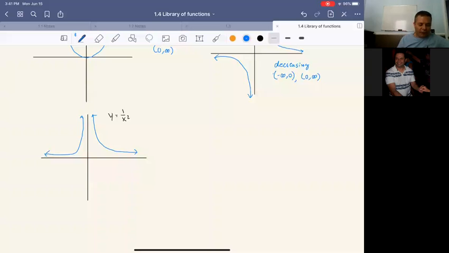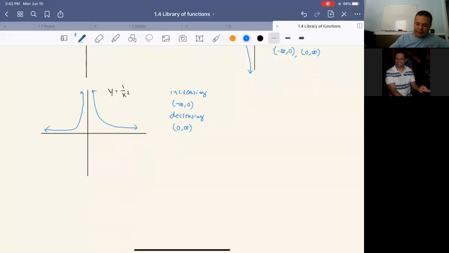So now, this is increasing on the left-hand side. Okay, as you move from left to right, it's going to go up. Here, on the right-hand side, as you move from left to right, it goes down. Okay, so we're going to say that this is increasing from negative infinity to 0, and then decreasing from 0 to infinity.